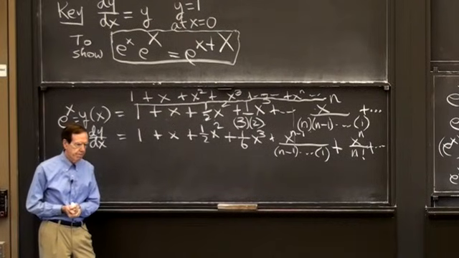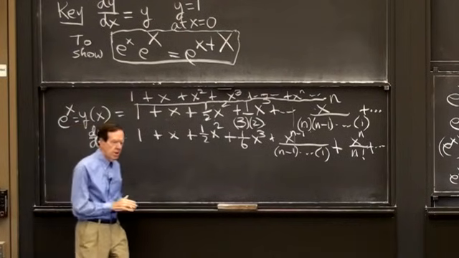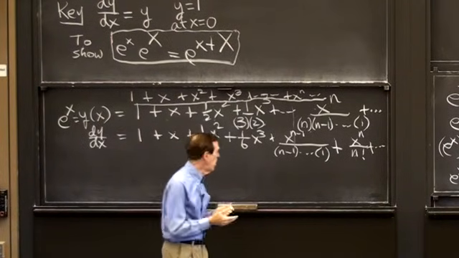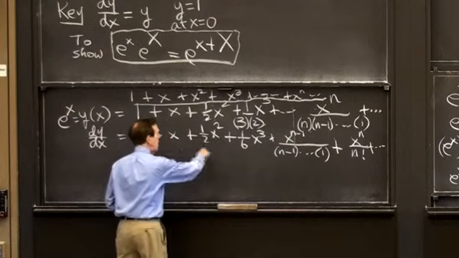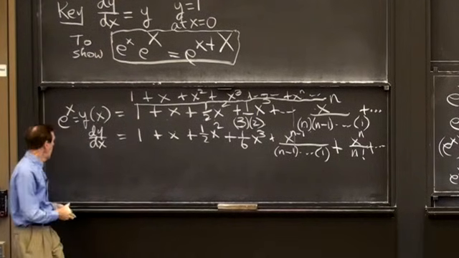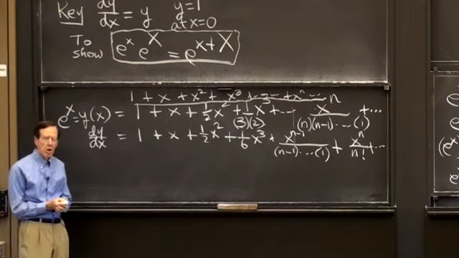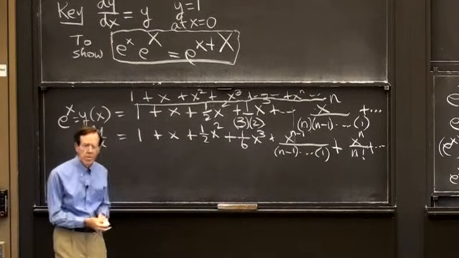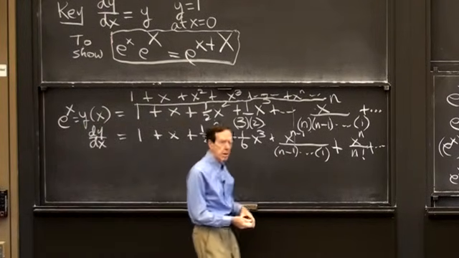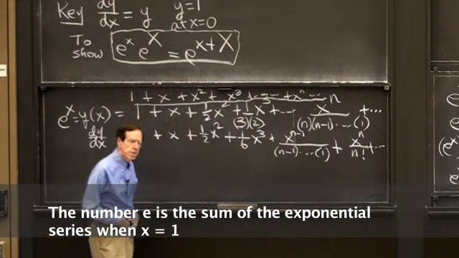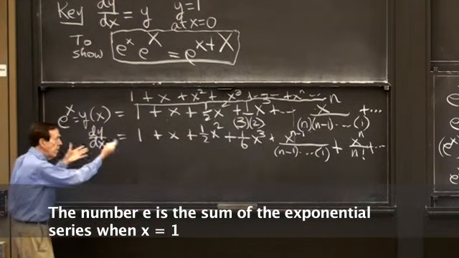Now, let me ask you, what happens if I put x equal 1 in the exponential series? That gives me e to the first power, which is e. So finally, you may say, this is rather late in the day, I'm going to figure out what e is from this series.